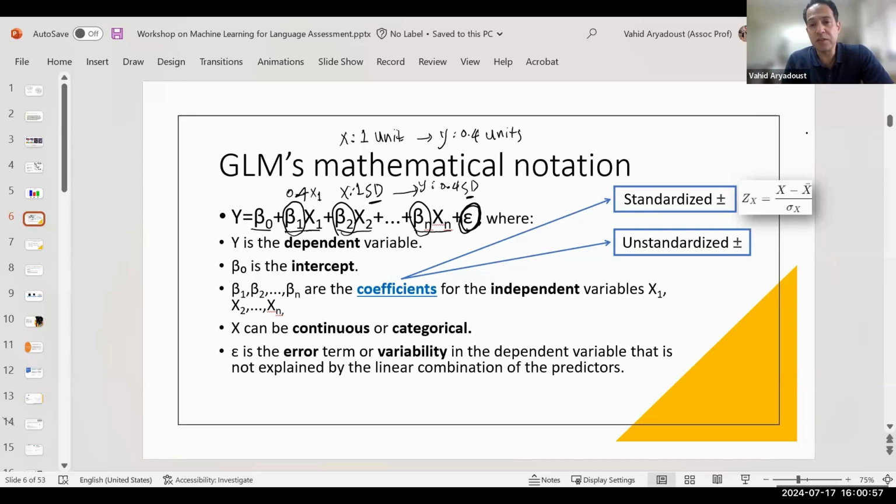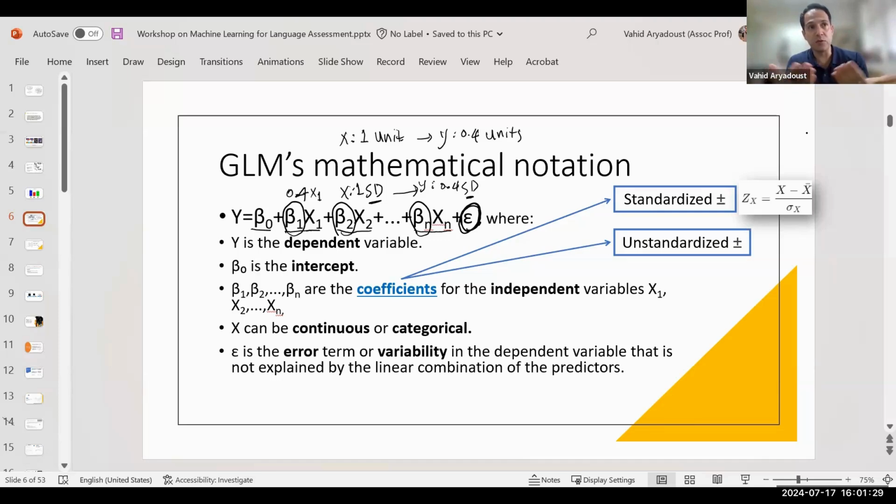Standardized is useful in the sense that it kind of squashes your values and you can interpret it more easily in terms of standard deviations. And it's quite similar to what we traditionally refer to as the effect size. The effect size is basically, for example, in t-tests, the difference between two mean values divided by the pooled standard deviation, if you recall from t-tests.